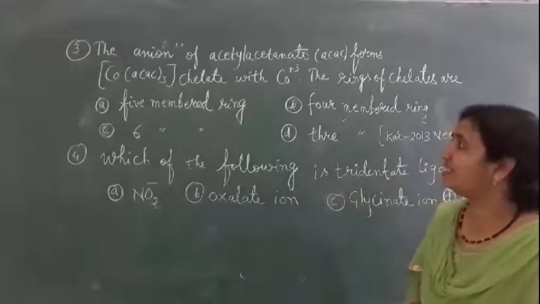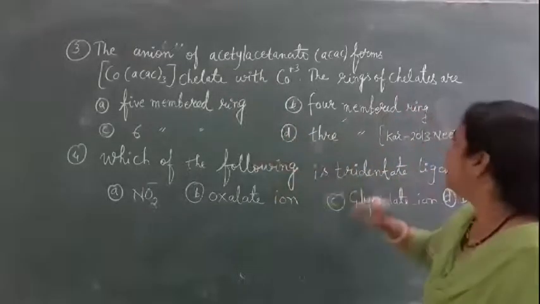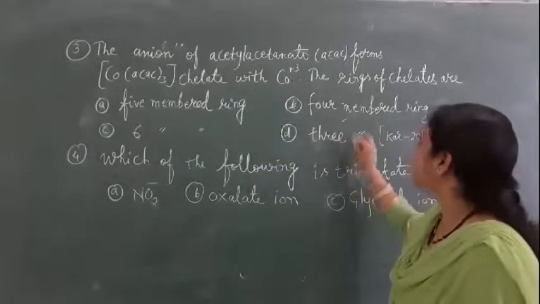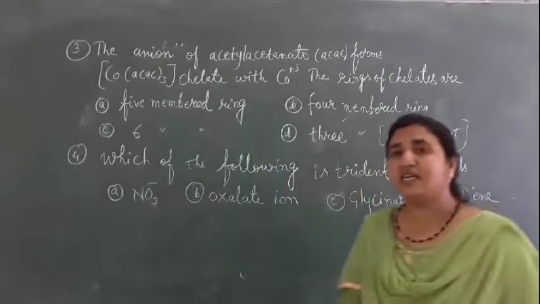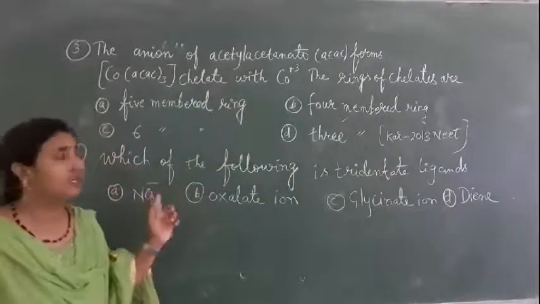The options are 5-member ring, 4-member ring, 6-member ring, or 3-member ring. This question was asked in Karnataka NEET 2013.